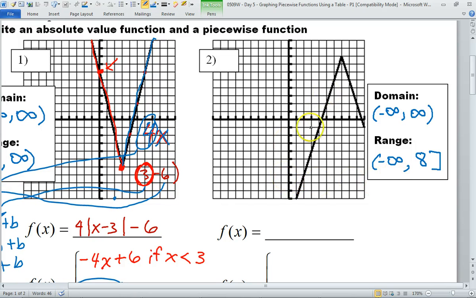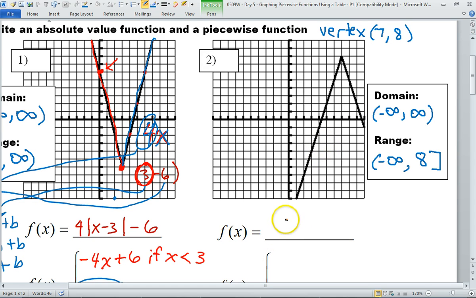All right. What's the vertex of this function? That's going to help me write the absolute value equation. Count on your paper. Tell me what the vertex is. 7,8. Okay, the vertex is 7,8.